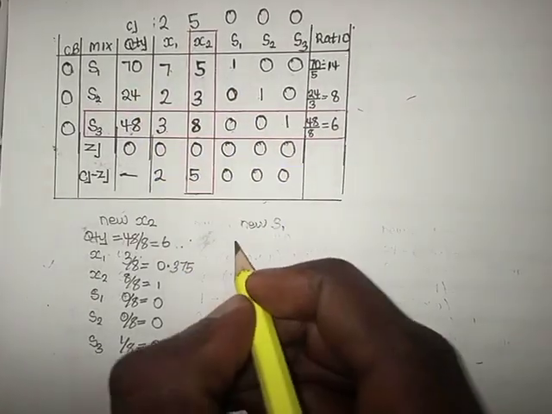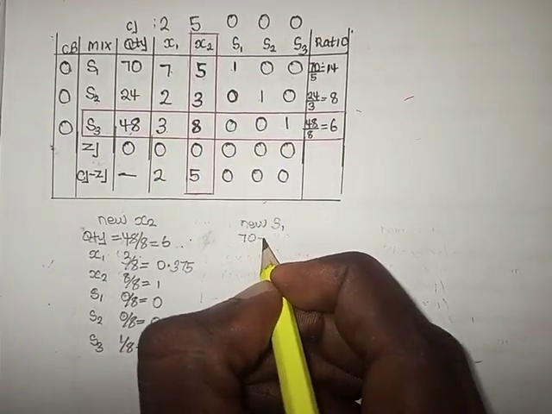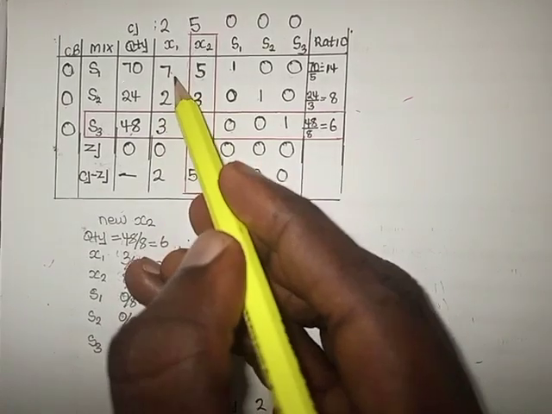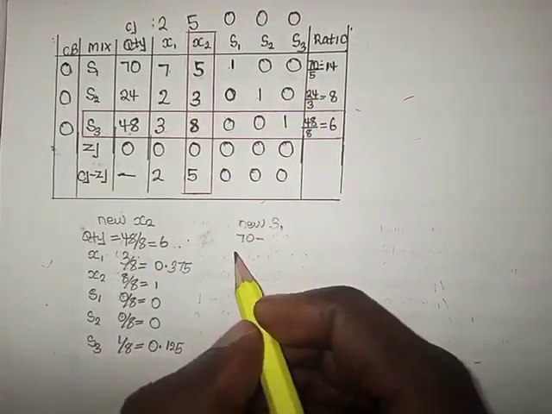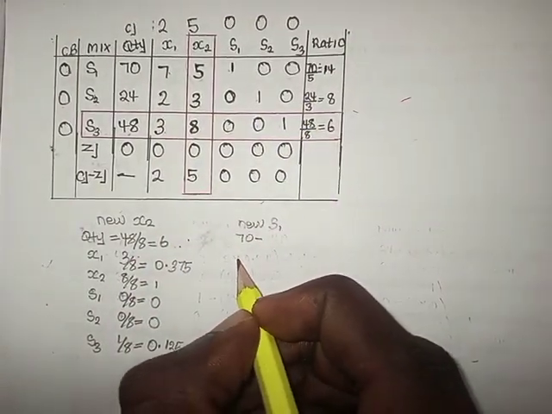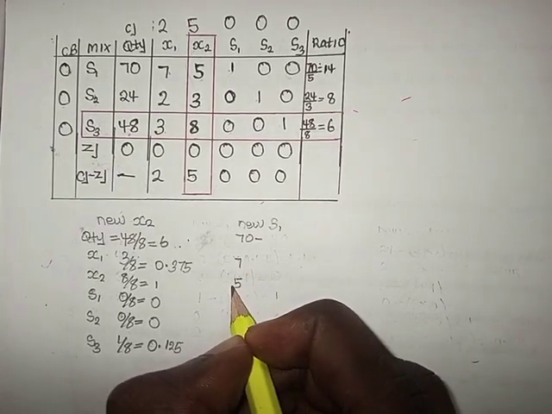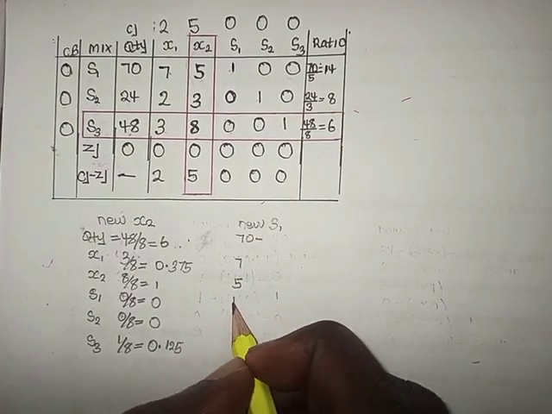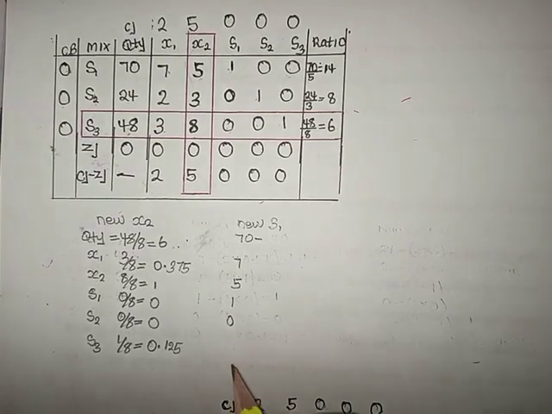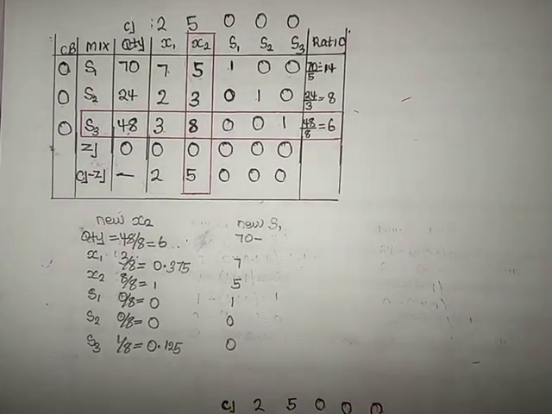So by saying 70 divided by minus, you now open the bracket. Let's say 7 for X1, 5, those are the old values, 1, 0, and 0.